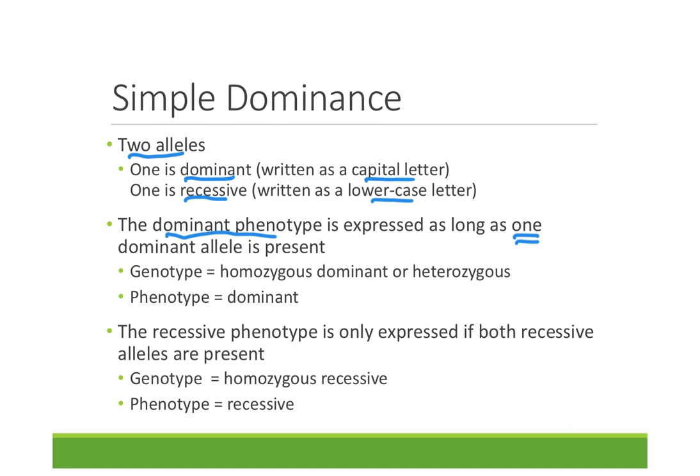And so the genotype can be homozygous dominant, or even heterozygous, one of each, but the phenotype will always be that dominant trait, whatever is associated with that allele. In contrast, the recessive phenotype is only expressed if both recessive alleles are present. So you only see the recessive phenotype when you have a homozygous recessive genotype in simple dominance. And of course, the phenotype is that recessive form.